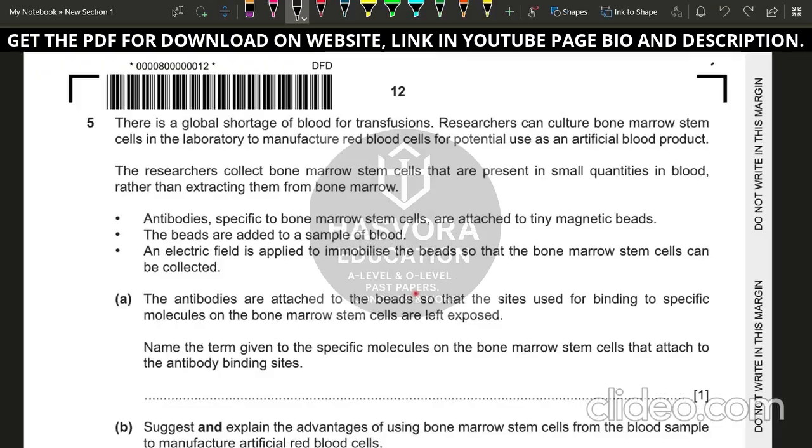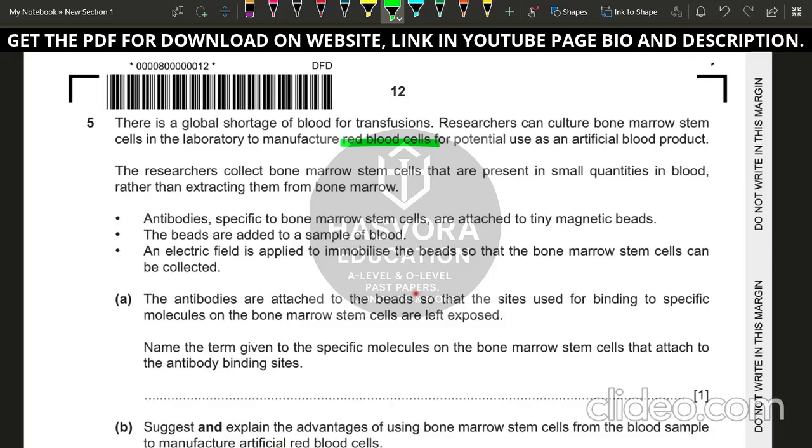Now question number 5 says there is a global shortage of blood for transfusions. Researchers can culture bone marrow stem cells in the laboratory to manufacture red blood cells for potential use as an artificial blood product. So they can manufacture red blood cells using bone marrow stem cells, and use them for people that have a lower concentration of red blood cells.